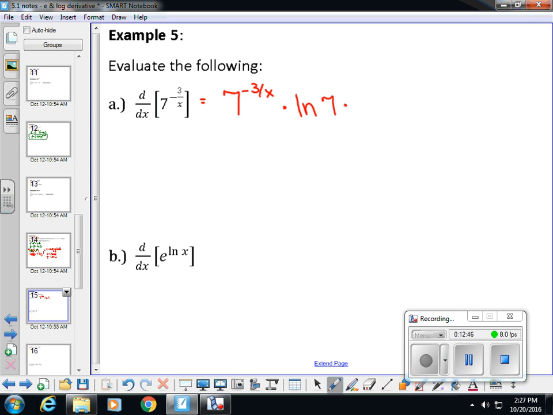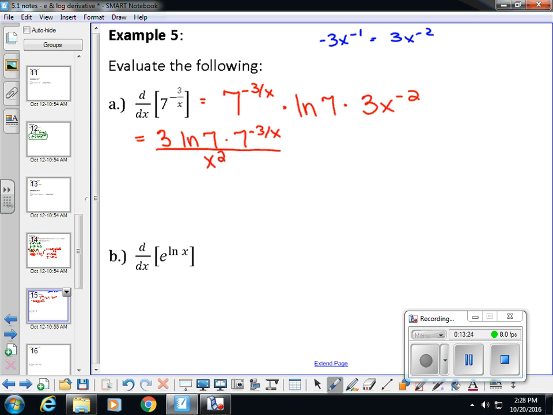So if I have negative 3 times x to the negative 1, that's really 3x to the negative 2. So that's where 3x to the negative 2 comes from. And then I would probably rewrite this a little bit so that I have 3 ln of 7 times 7 to the negative 3 over x, divided by x squared.